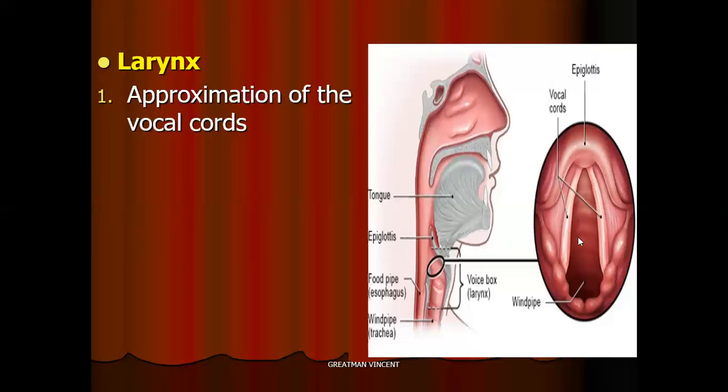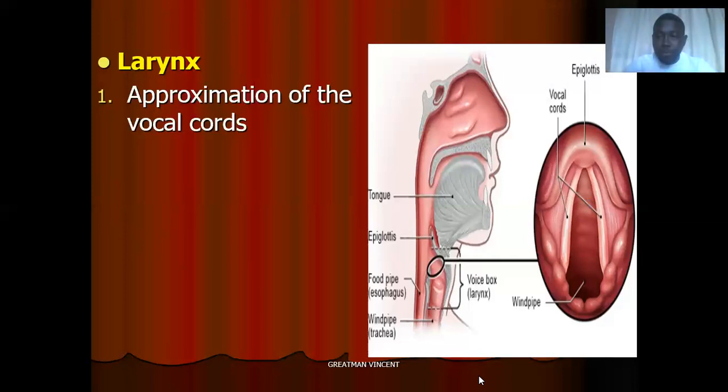Number two, see this space that you are seeing here in between the vocal cords. This space in between the vocal cords is what we call the glottis. So you realize that this is the glottis.